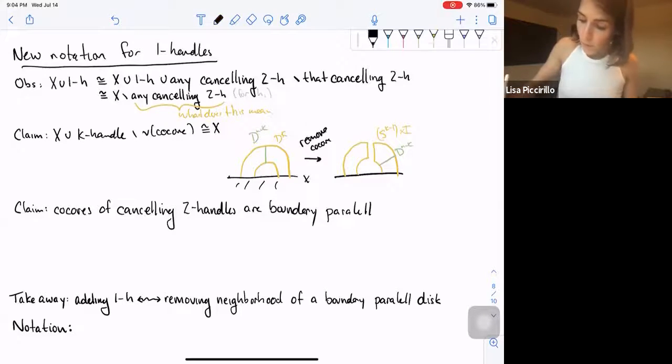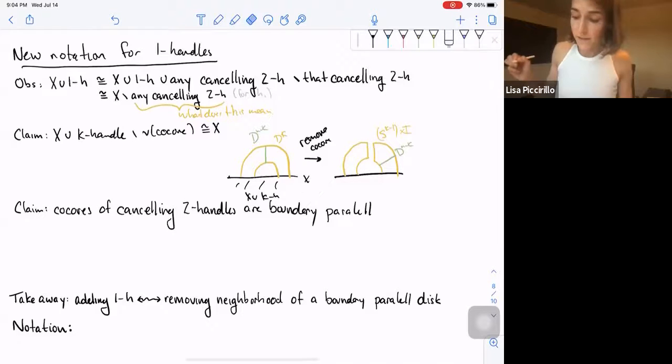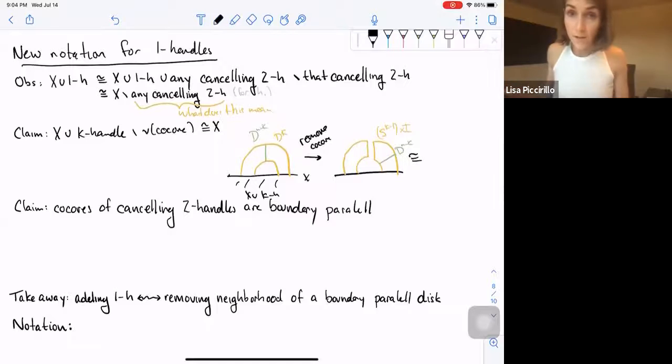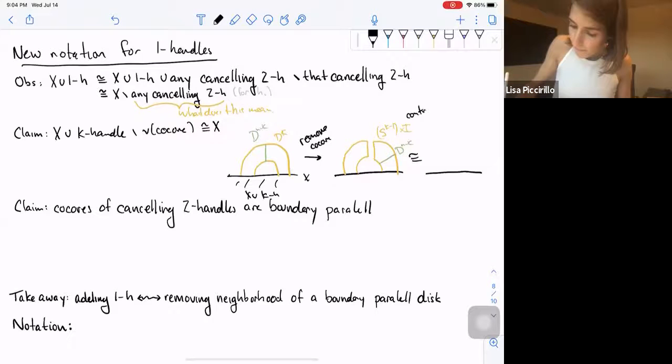Okay, so this space was X union the k-handle, and this space is that space with the co-core removed. And this space here, I claim we know how to write down a diffeomorphism simplifying it. What we're going to do is contract this I factor.